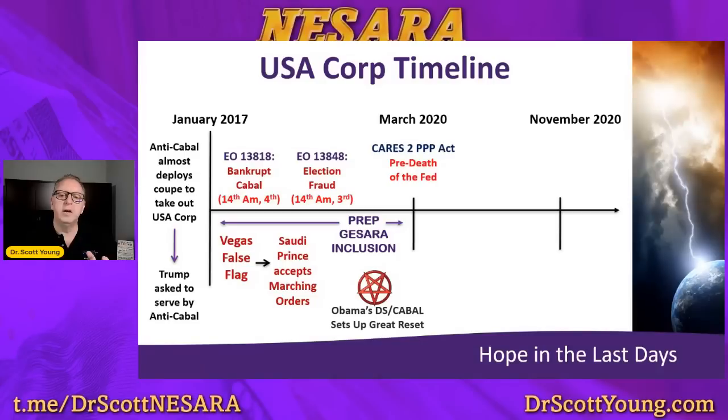we had something that occurred in the CARES 2 Act, the 1,200-page document that I went through along with an ex-IRS agent who verified that information. And this is where we understood that the Federal Reserve died.